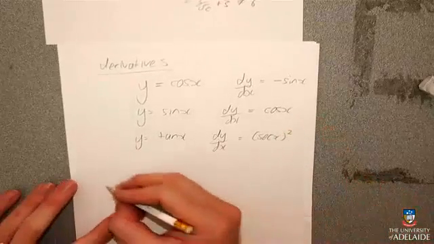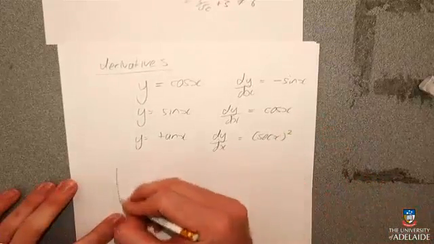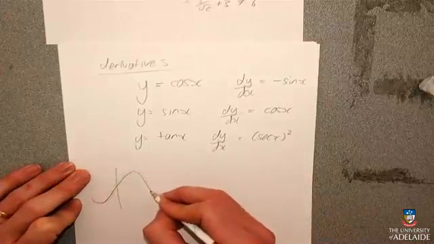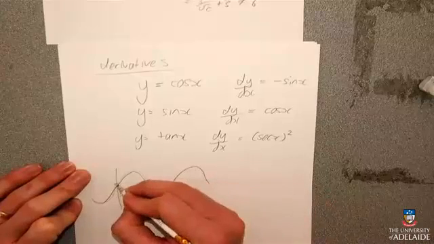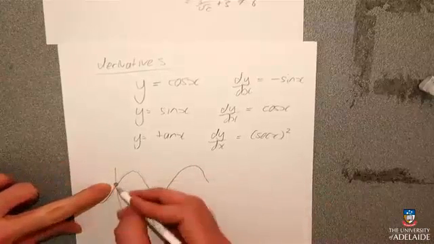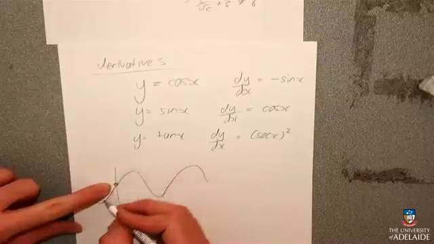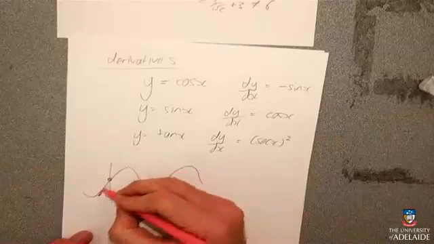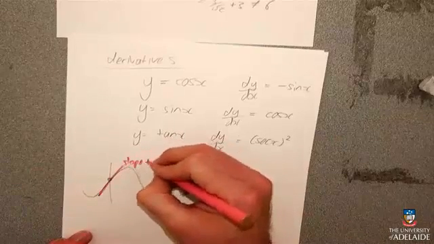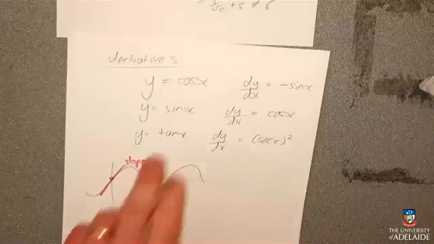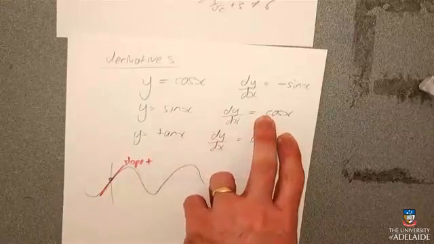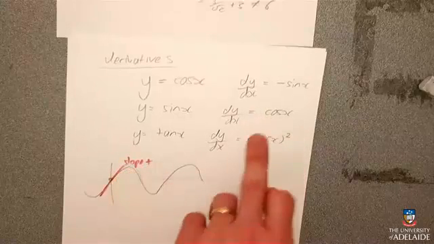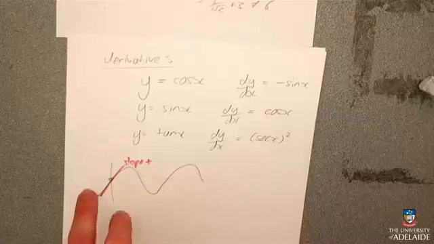So if y is sine x, you know that when x is 0, the slope here is positive, properly positive. So if it was minus cos x, then cos of 0 is 1, and the answer would be negative 1, and it's pointing in the wrong direction. So you know it can't be the minus here, because it doesn't match the graph.